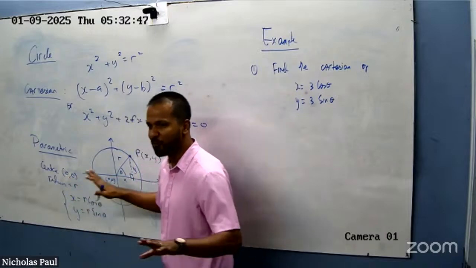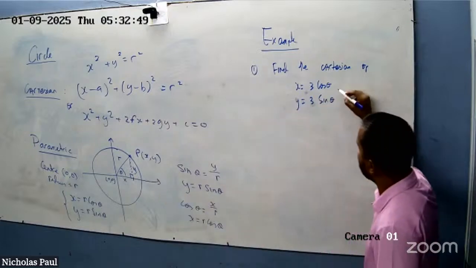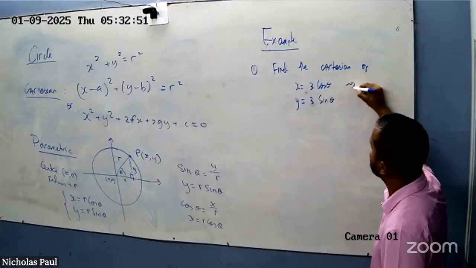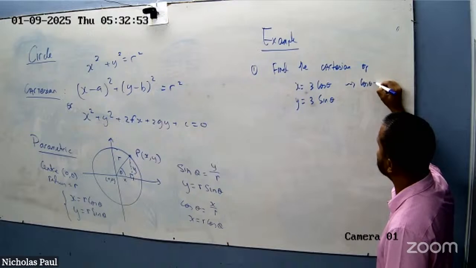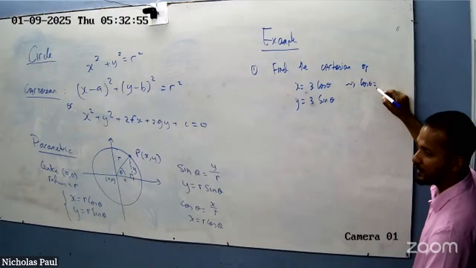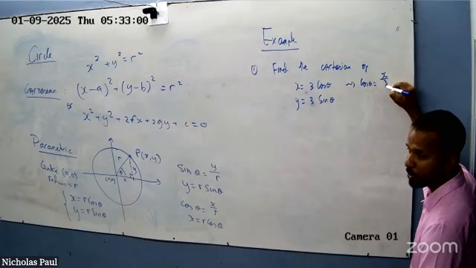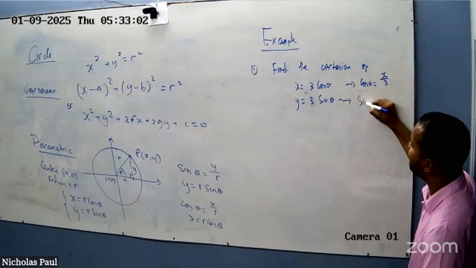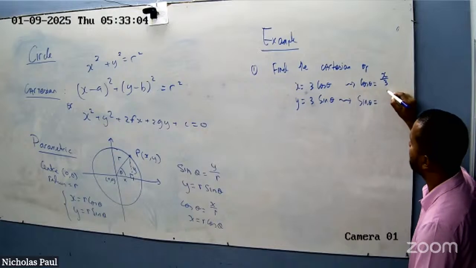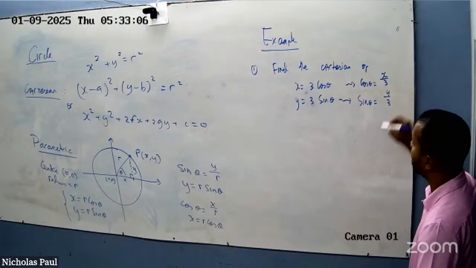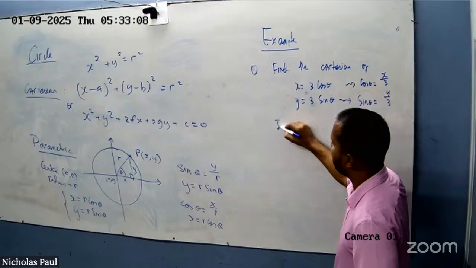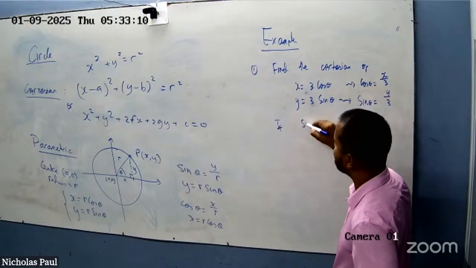What you could do here is make cos theta the subject of the formula. Cos theta is x on 3, and sin theta is y on 3.